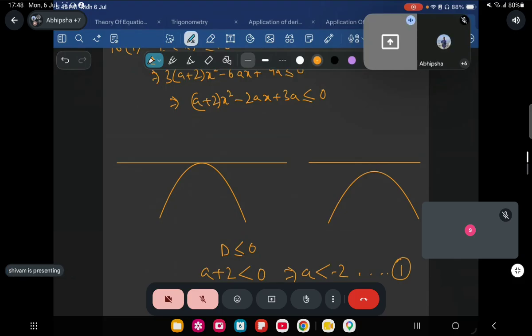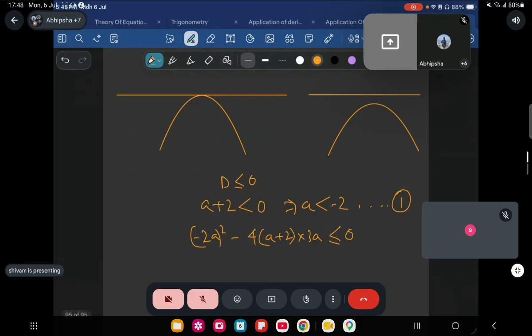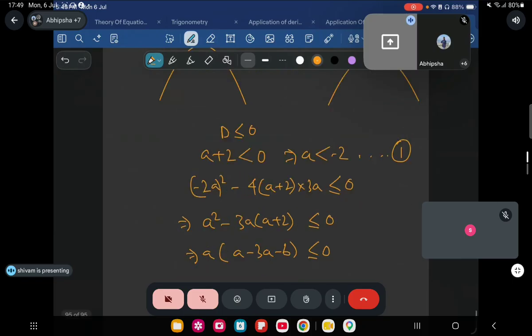Discriminant will be minus 2a whole square, b square minus 4 into a plus 2 into 3a. This is less than or equal to 0, isn't it? So let us apply. Dividing by 4, we'll get a square minus 3a into a plus 2 must be less than or equal to 0. Taking a common, we'll get a into a minus 3a minus 6 must be less than or equal to 0.